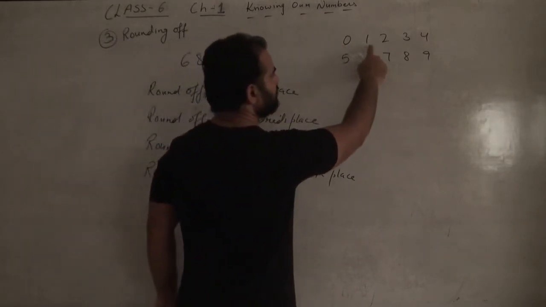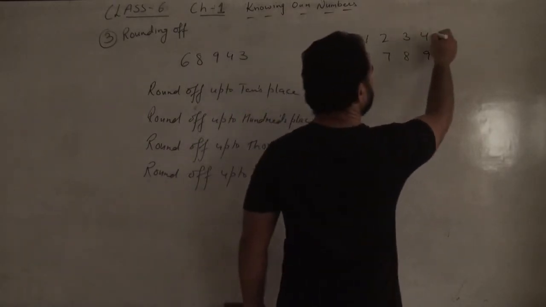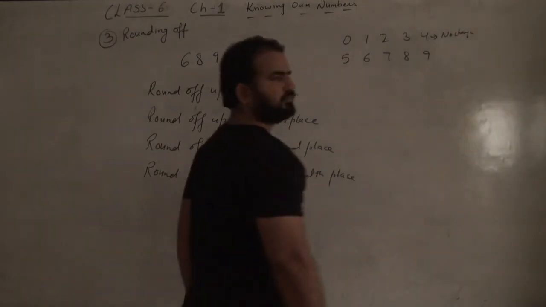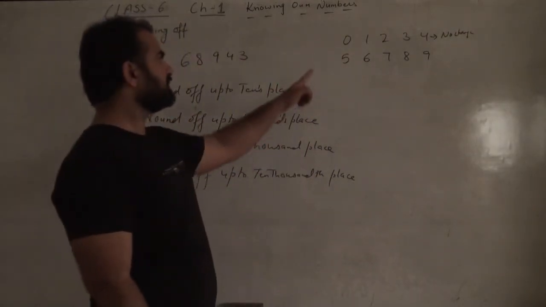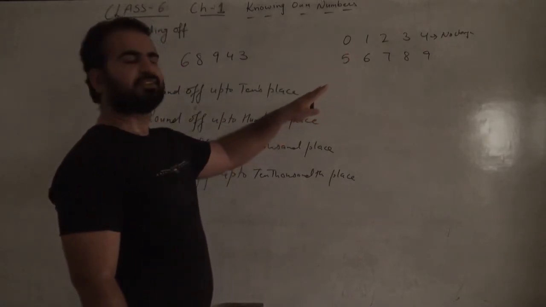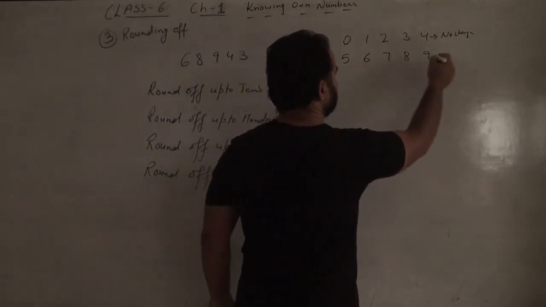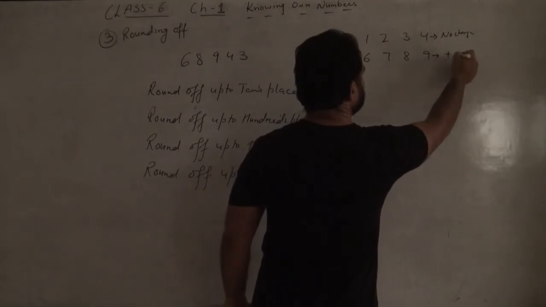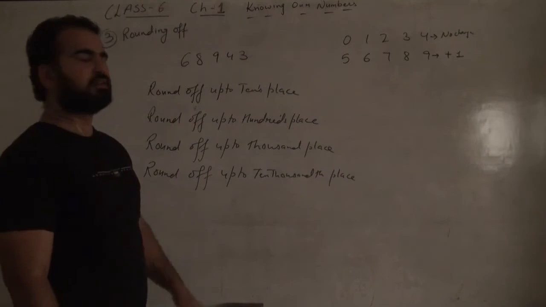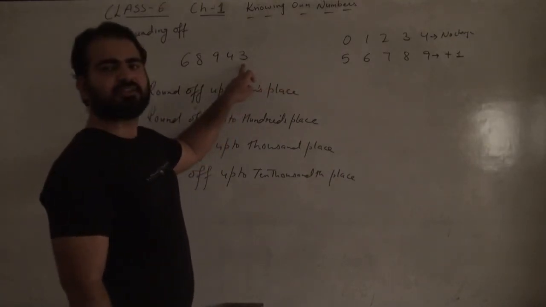Is it 0, 1, 2, 3 or 4? Then there will be no change at the tens place. If it is 5, 6, 7, 8, 9, then it will be plus 1 at tens place.